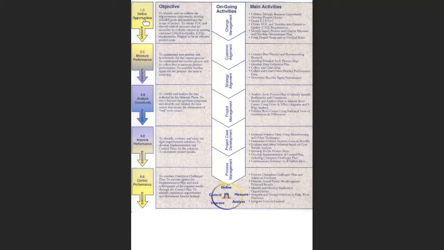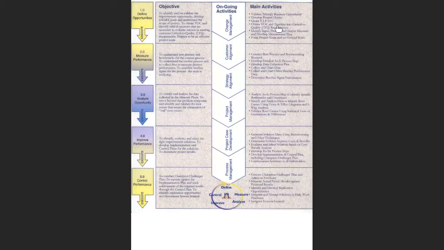In the define phase, you find the objective of the project; in the measure phase, you understand the process and measure the variation and the performance; then analyze the root causes, improve the process, then control it. And next to each phase, it shows you the tools.